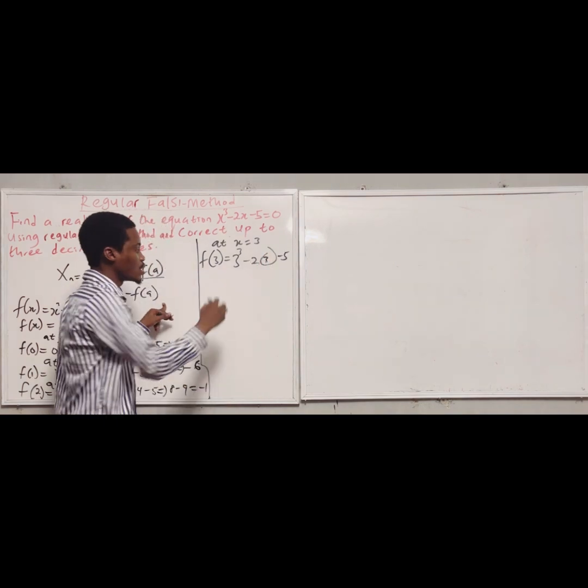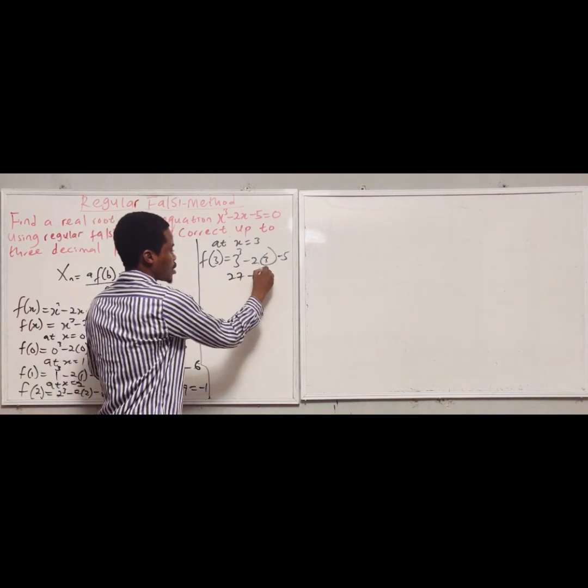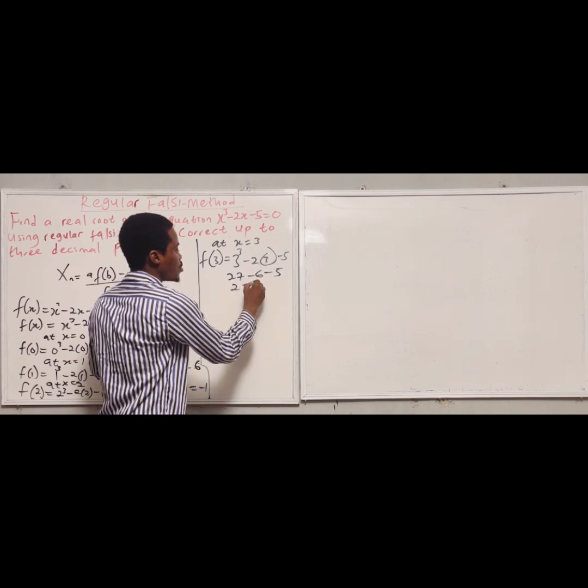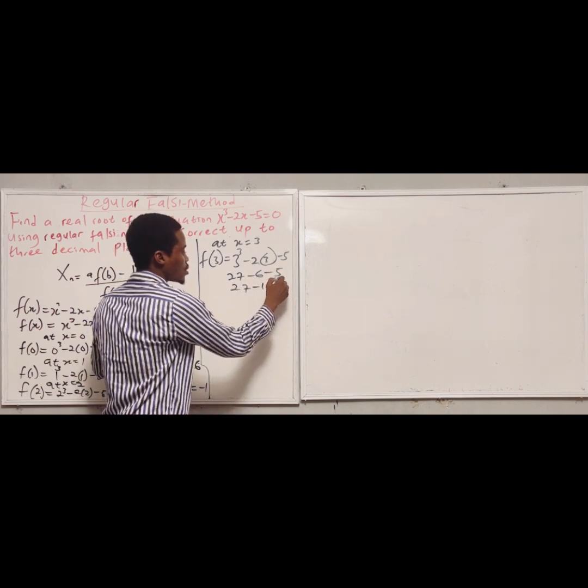So 3 to the power of 3 is 27, minus 6 minus 5. I have 27 minus 11, which gives me 16.